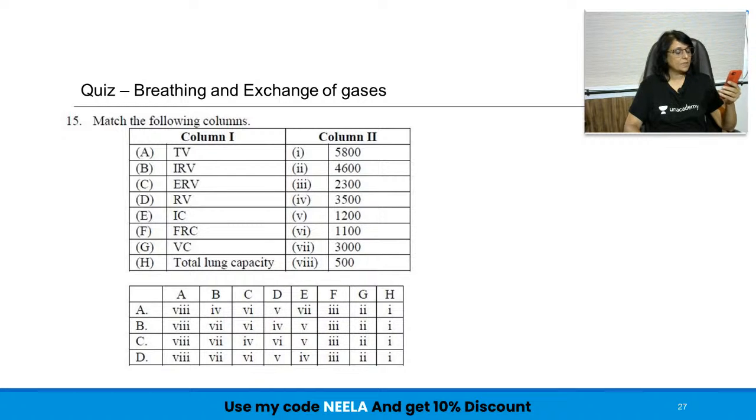Okay, Madhu has given the answer as D. I hope this is for the 15th question, because you are not writing the question number. So for 15th, Zara is saying D. Reena is also saying D. Madhu is also saying D. Ayush is saying A.